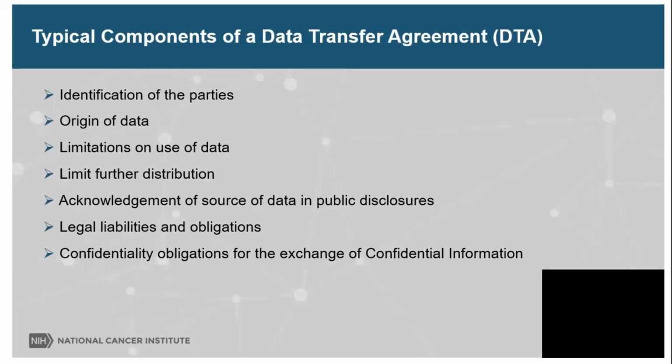If these obligations are mentioned, typically what constitutes confidential information is also defined in the agreement, and there's also a term. The point of this is to basically tell you that all of these components are there for one major reason, and that is to protect the rights of all the parties that are involved.